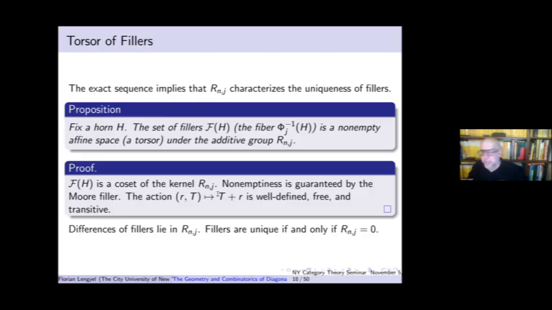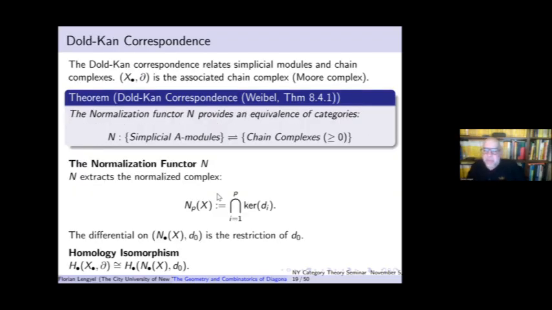It's independent of the index. I have to say something about normalization, about the Dold-Kan correspondence, just because the horn kernel is isomorphic to the normalized complex.